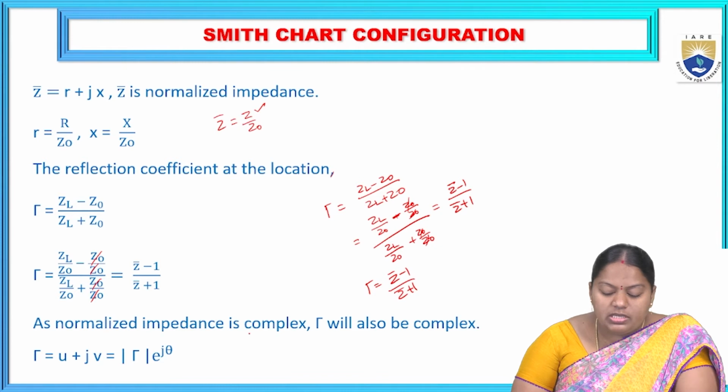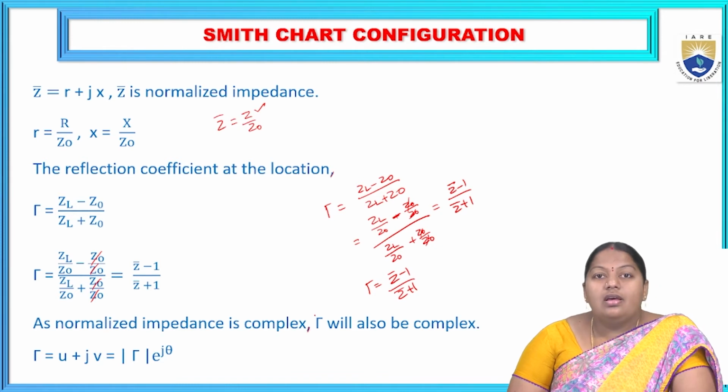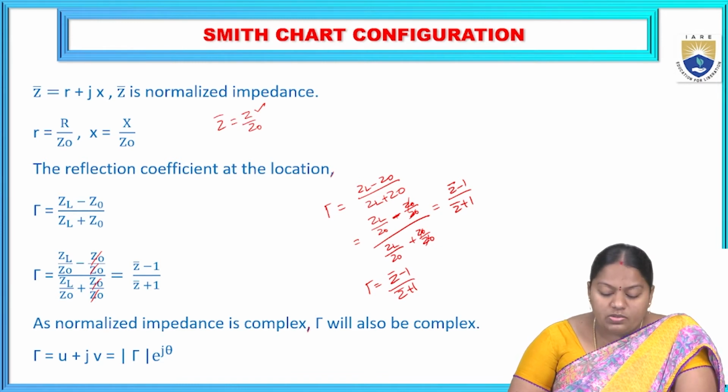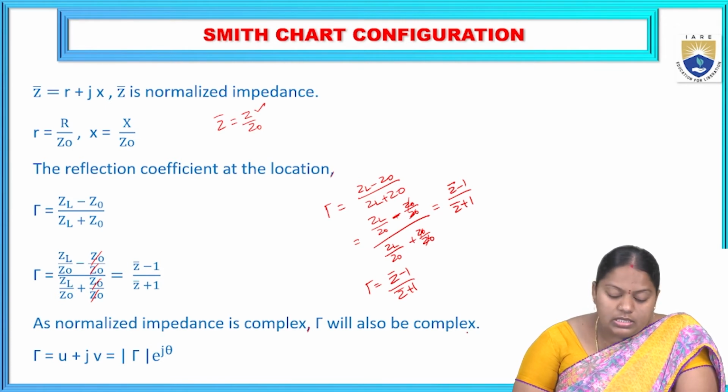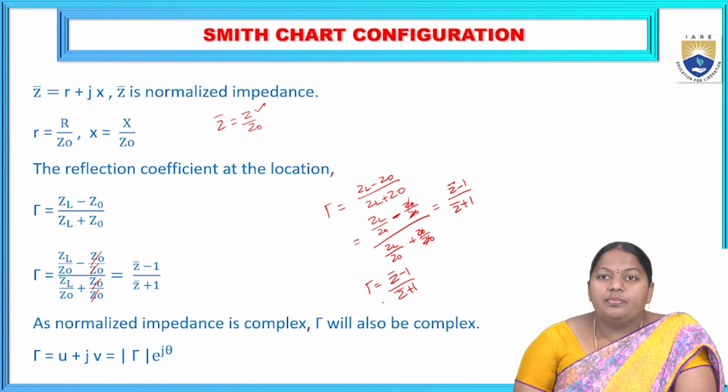As the normalized impedance is in complex form, gamma will also be complex. As we know, Z bar is given as r plus jx, which is a complex form. Hence, gamma will also be complex. Why? Because gamma includes the normalized impedance.